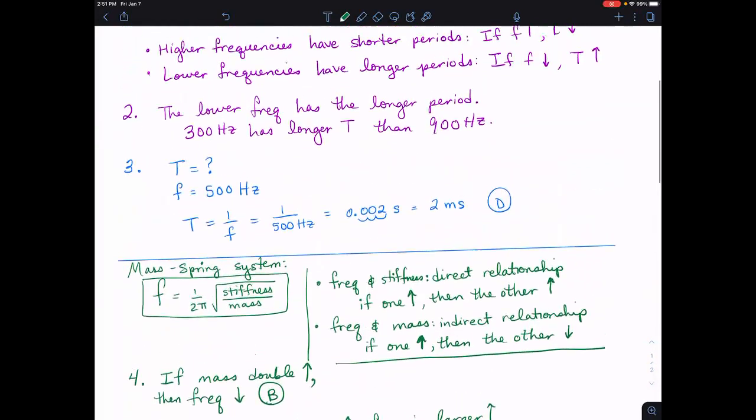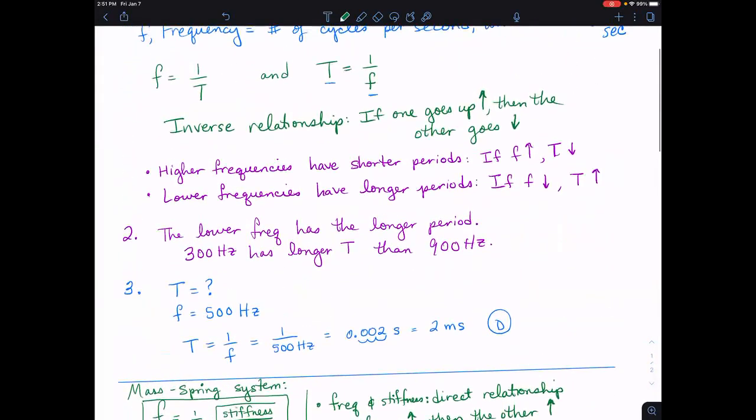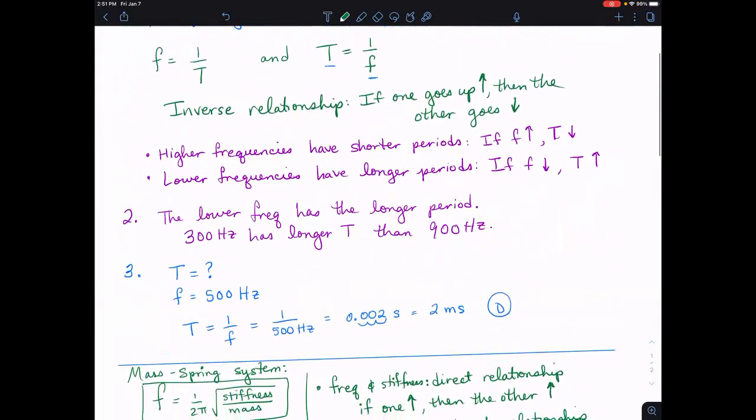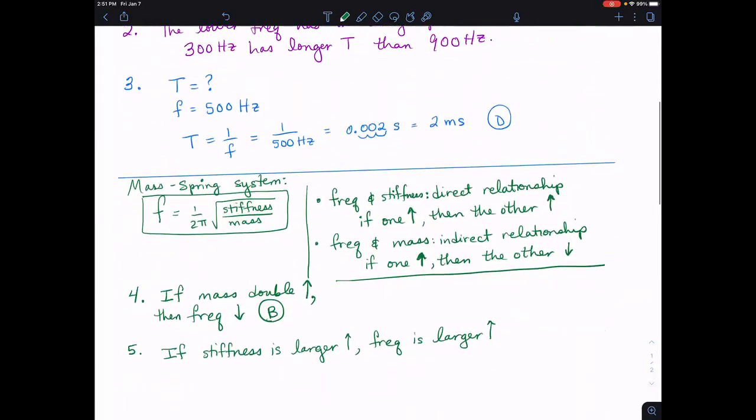But then looking back at our inverse relationship between the frequency and the period, a higher frequency corresponds to a shorter period. It's a direct relationship there, inverse relationship there.